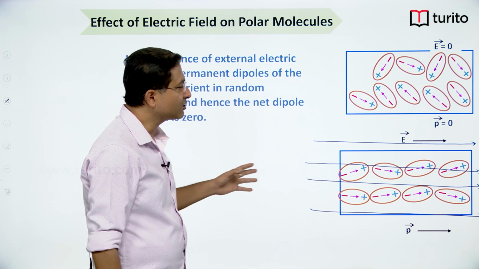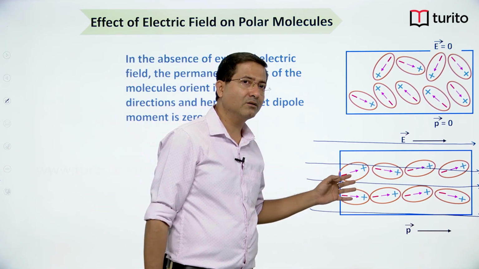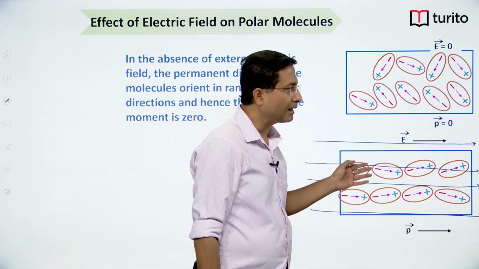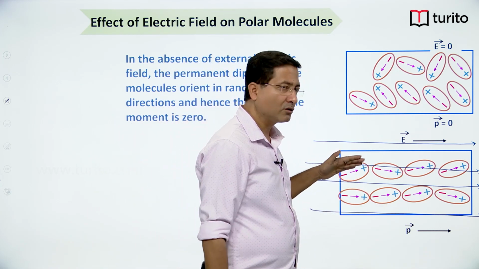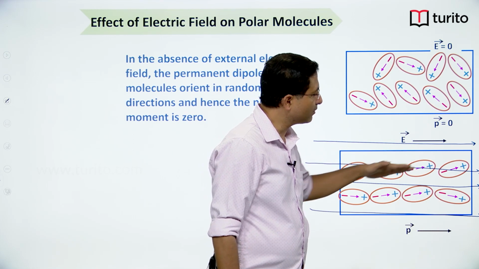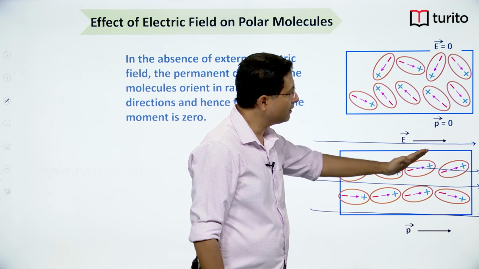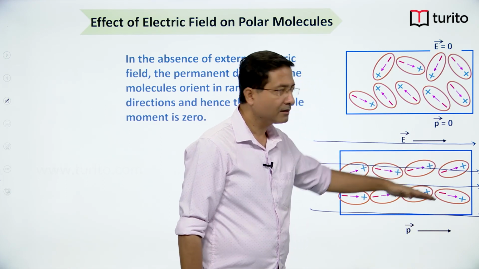Due to thermal agitation and all, the alignment won't be perfect. For ideal situation we take alignment perfect, but practically because of thermal agitation this alignment won't be perfect. You can see that all are not exactly straight, so they are still not perfectly aligned, right.